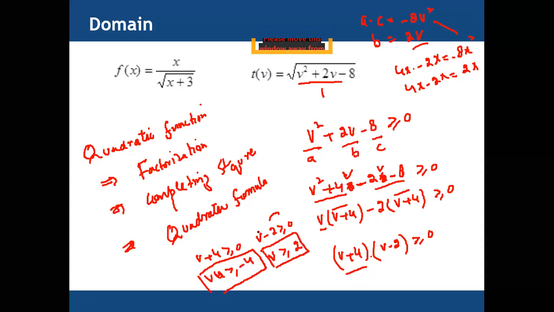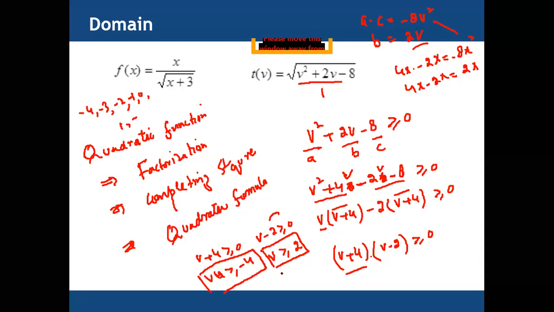Clear? So what are the values which are greater than minus 4? All the values greater than minus 4, like minus 4, minus 3, minus 2, minus 1, 0, 1, 2.